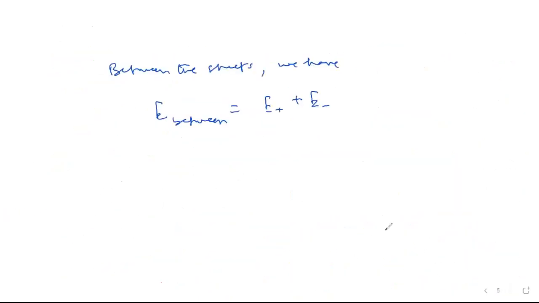So let us put the numbers. It is E plus as 3.84 into 10 raised to the power 5 Newton per Coulomb plus 2.43 into 10 raised to the power 5 Newton per Coulomb.